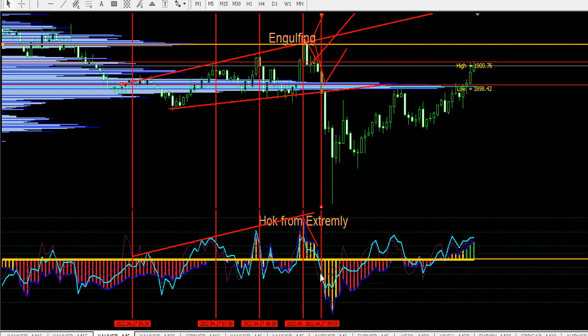So you have to be very careful, because it already broke the line. If there is no pattern that makes sense for a buy, you don't expect to buy.